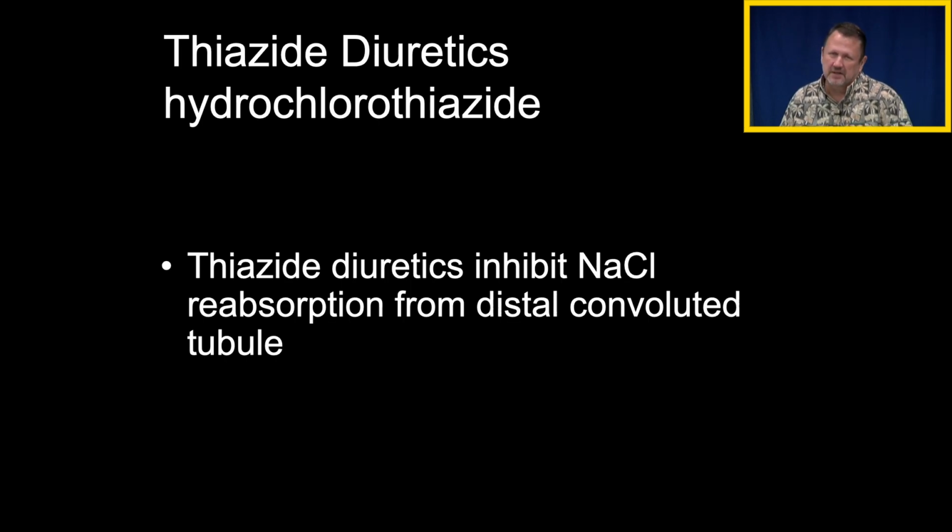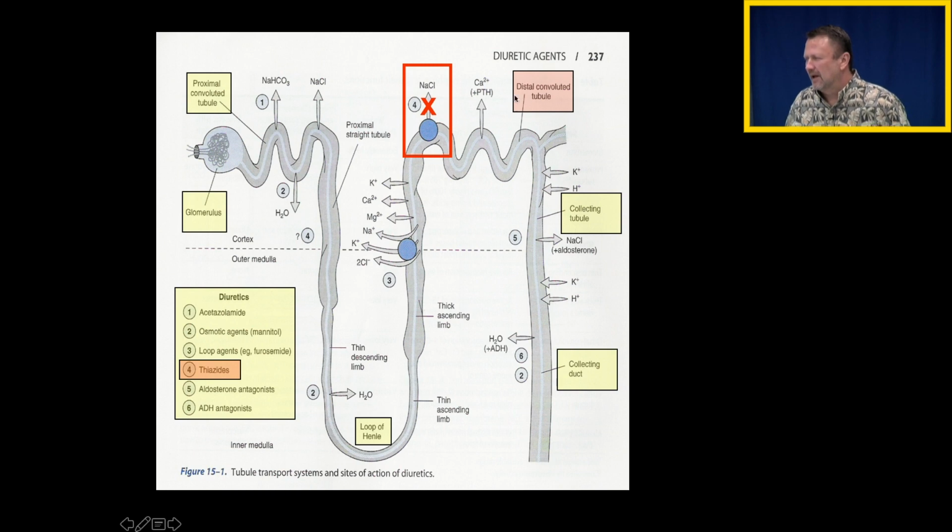So let's start with thiazide diuretics. We talked about that during high blood pressure. Thiazide diuretics inhibit sodium chloride reabsorption at the distal convoluted tubule. And so when we are talking about these pumps, remember pumping sodium into the blood carries the water with it, decreasing urine volume.